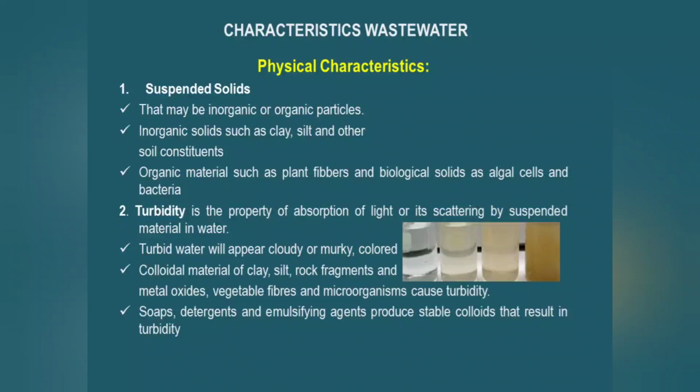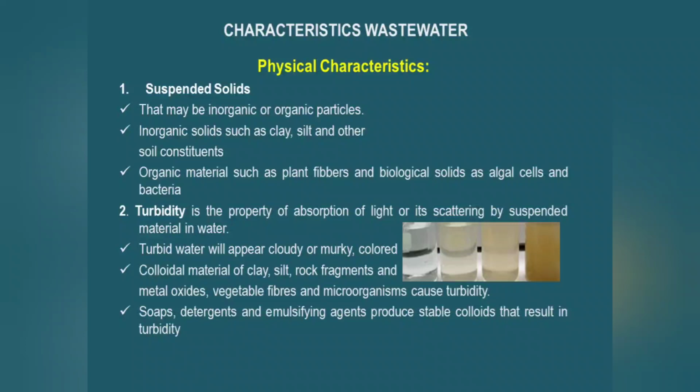Turbid water may appear cloudy or murky, colored, and colored material such as clay, silts, rock fragments, metal oxides, vegetable fibers and microorganisms cause turbidity. Also, soaps, detergents and emulsifying agents produce stable colloids that also lead to the formation of turbidity in the water.